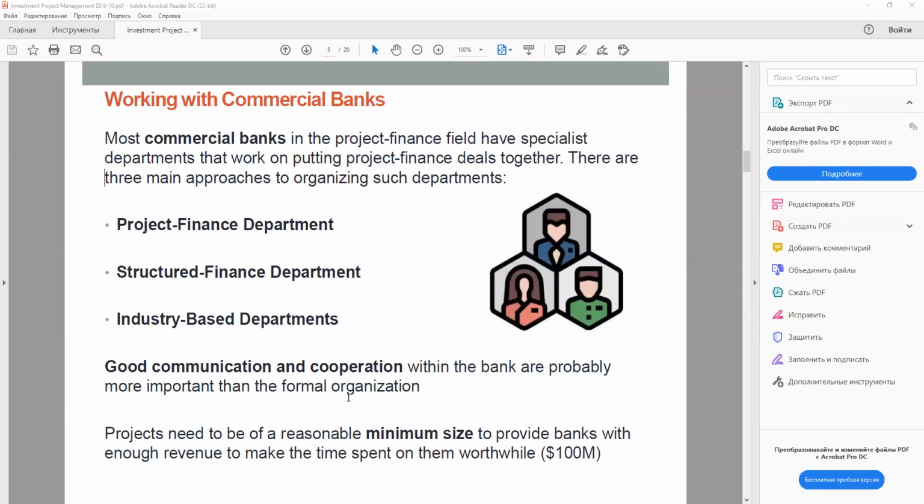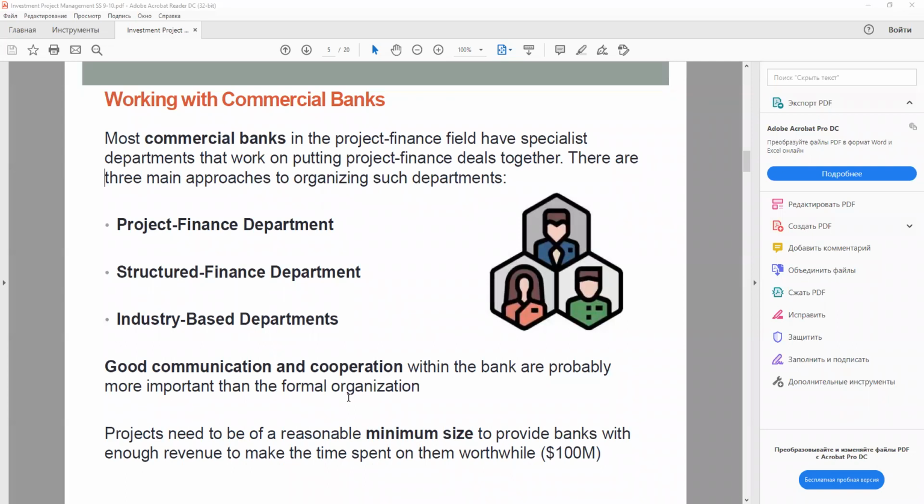And the last approach is to have industry-based departments, which combine all financing for a particular industry sector, for example, electricity, natural resources, or infrastructure. And if this industry makes regular use of project finance, experts form part of the team.